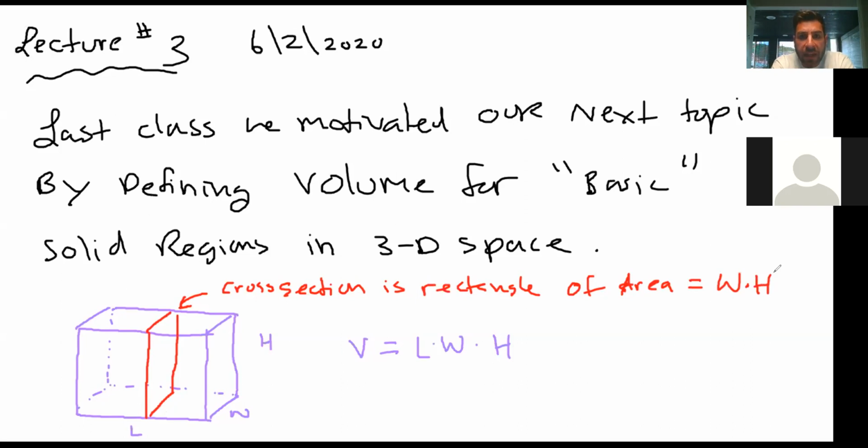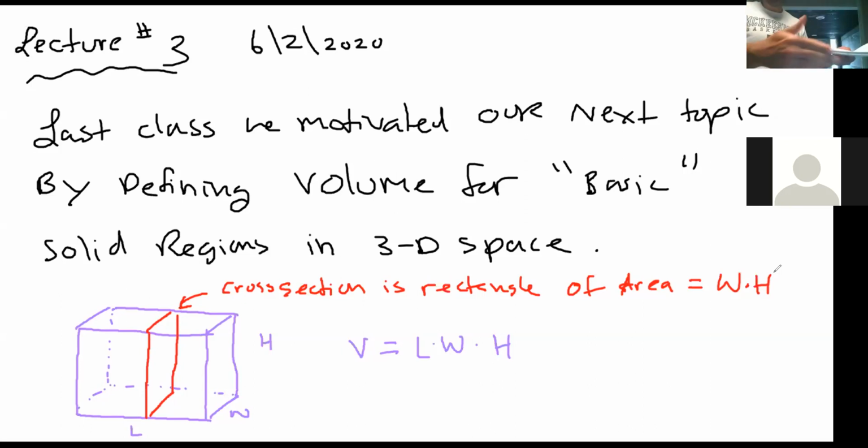So we can think of this box as really being made up of infinitely many, say, slices of paper or rectangles. A good way to visualize that is, here I have a stack of paper. Right now, this stack of paper has a thickness.